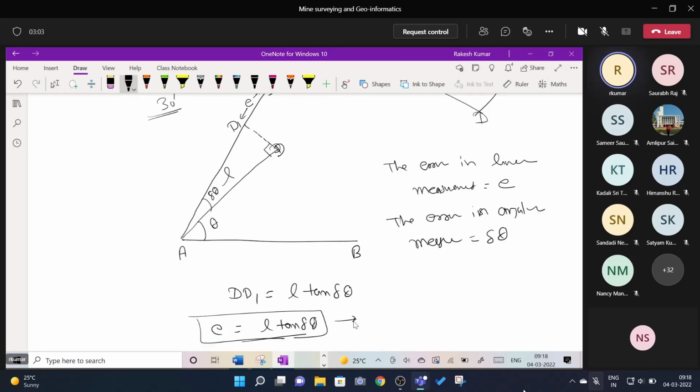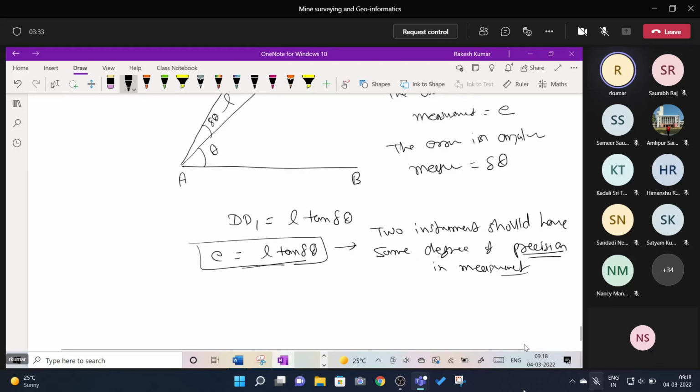It means I want to say here the two instruments should have the same degree of precision in measurement. So what can I write here now?